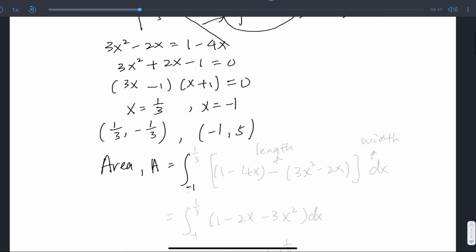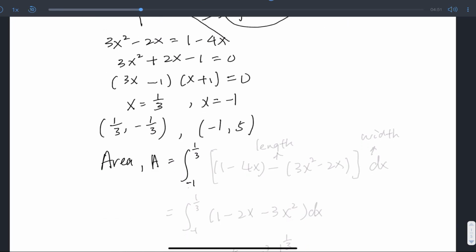From negative 1 to 1 over 3, the larger value is the line equation and the smaller value is the quadratic equation 3x squared minus 2x.